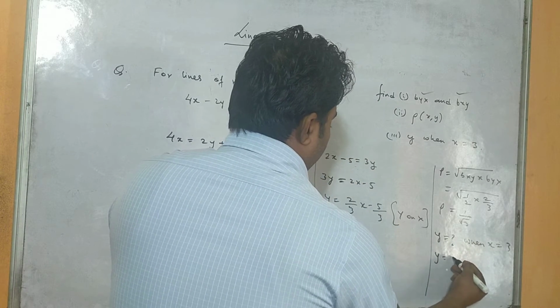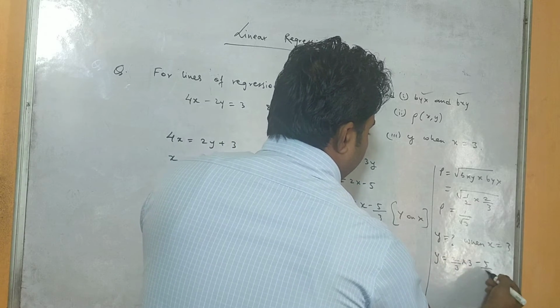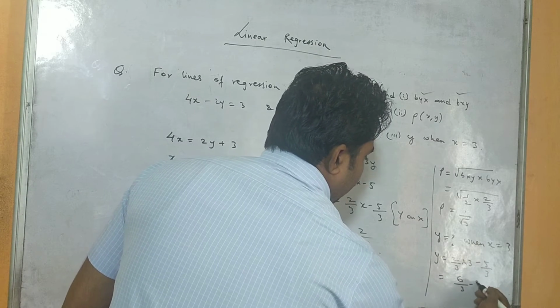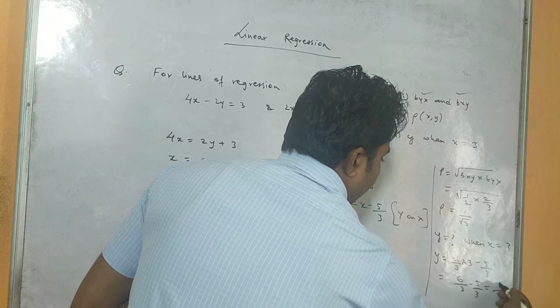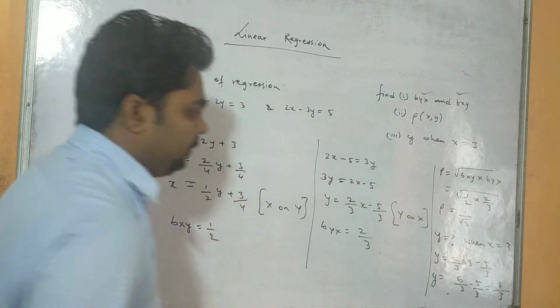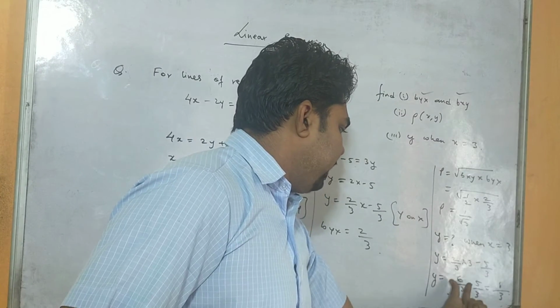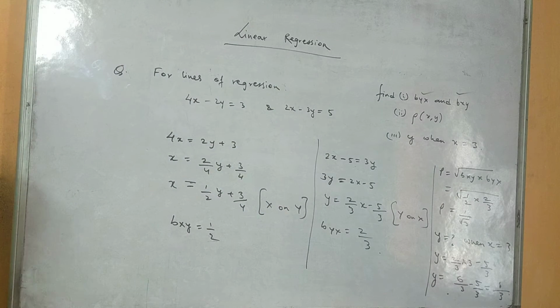So y equals 2 by 3 into 3 minus 5 by 3. Okay, so 6 by 3 minus 5 by 3, or if you take LCM 3, 6 minus 5, 1. So 1 by 3 is the answer. Okay, I have not cancelled the 3 here, but I have multiplied and kept the numerator the same. So this is our required answer.